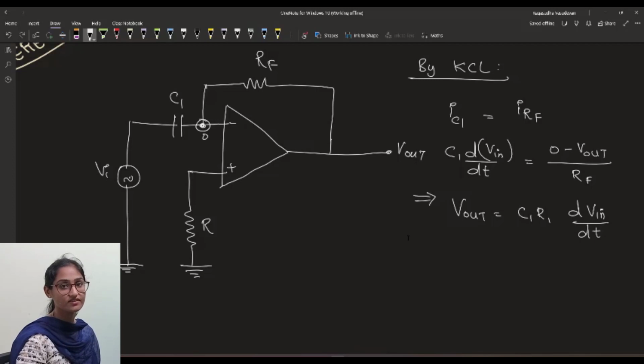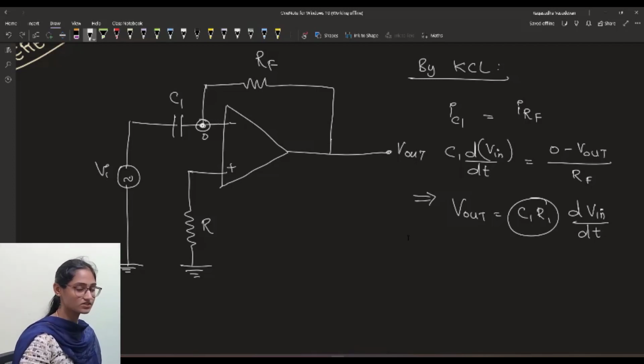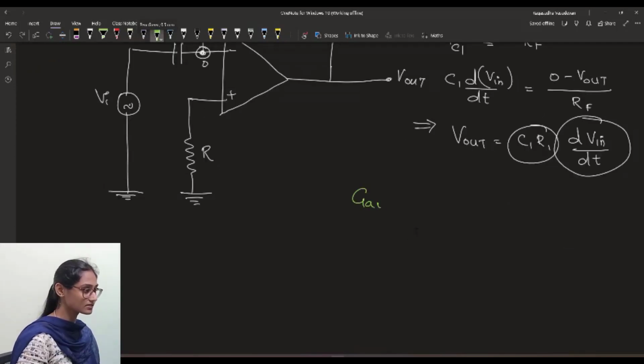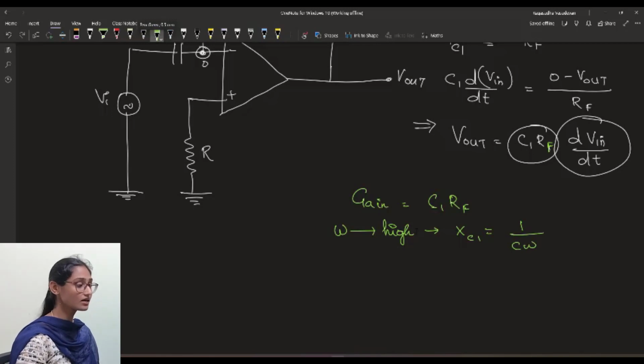So let's understand the effect of frequency. This is the differentiator gain, and this is the differential of the input signal. Let's see how the gain varies with respect to frequency. The gain in this case is C1 into RF. At a high frequency, what happens? The value of XC1 is equal to 1 by C omega.